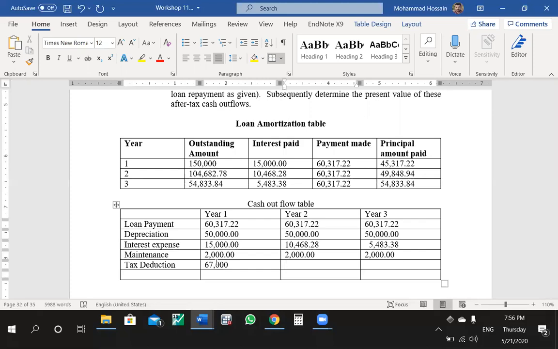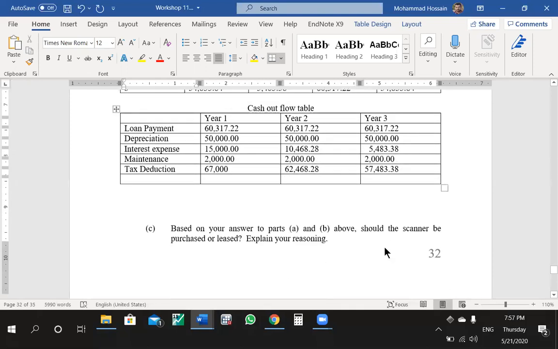Next year it will be 62,468.28. Third year it will be 57,483.28. That's tax deductions. How much will be tax shield?